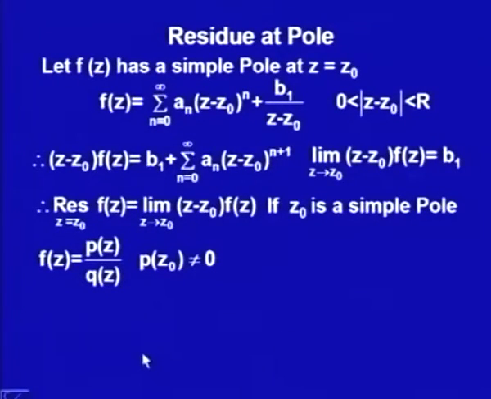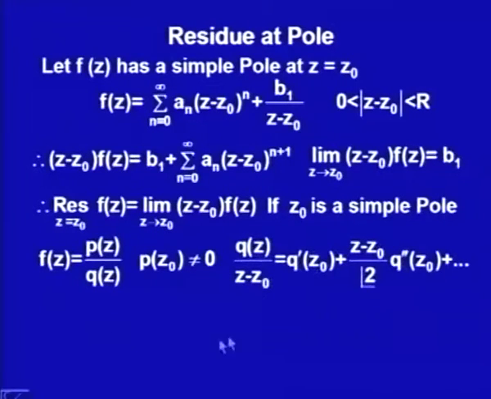If this is happening, then because q z has a 0 at z naught, I could write q z as q z naught plus z minus z naught times q dash z, that is your Taylor's expansion. Since z naught is a 0 of q, q z naught would be 0.